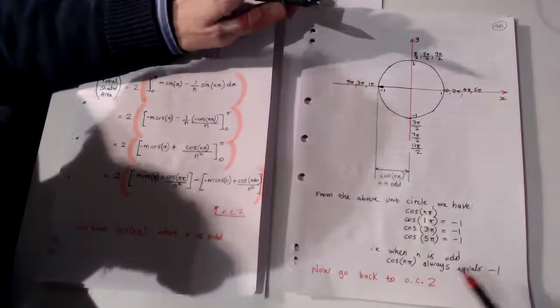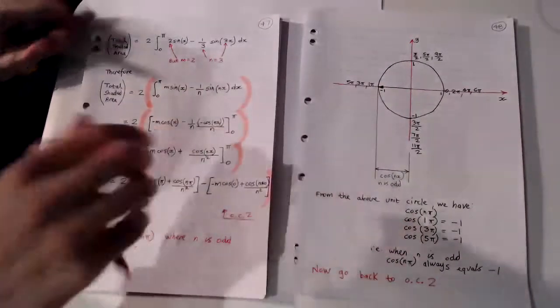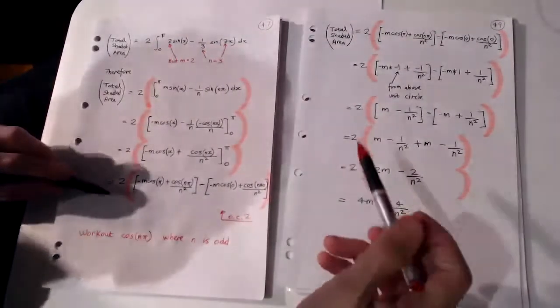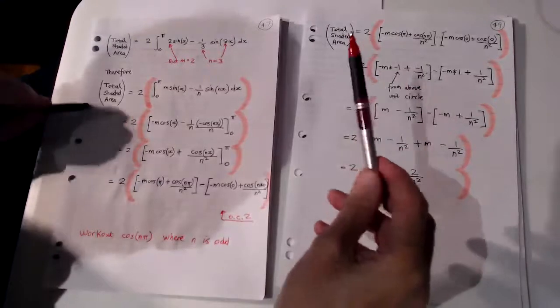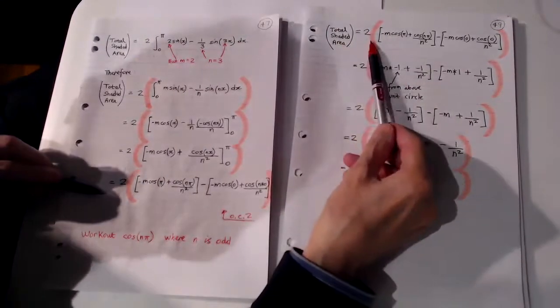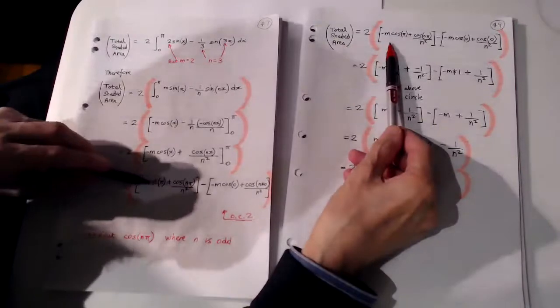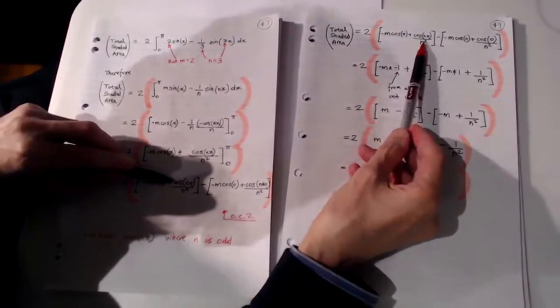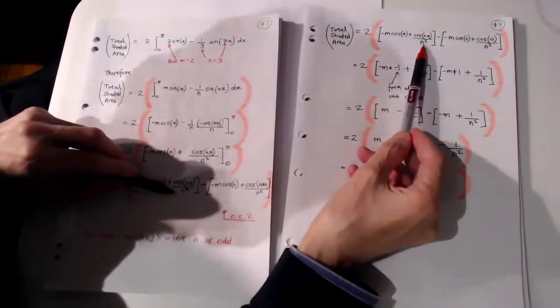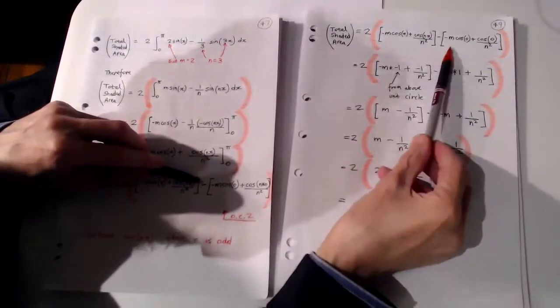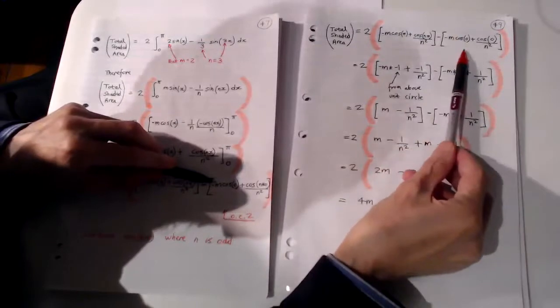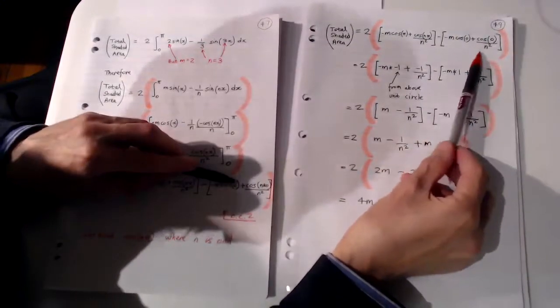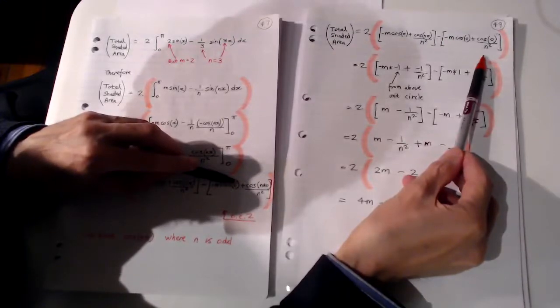Now go back to overall calculation 2, which was here. Overall calculation 2 says that the total shaded area is equal to 2 times negative m cos pi plus cos n pi on n squared, minus negative m cos 0 plus cos 0 on n squared.